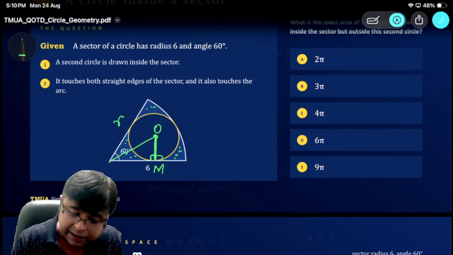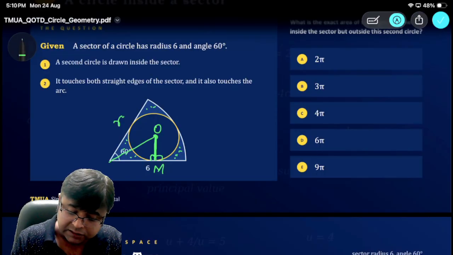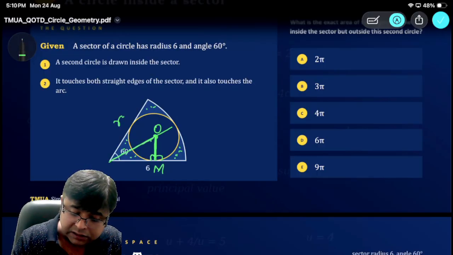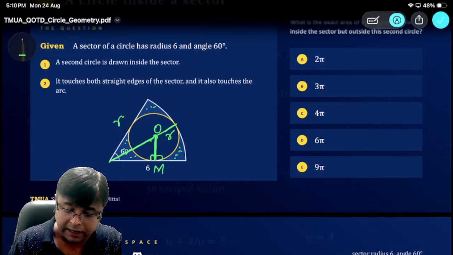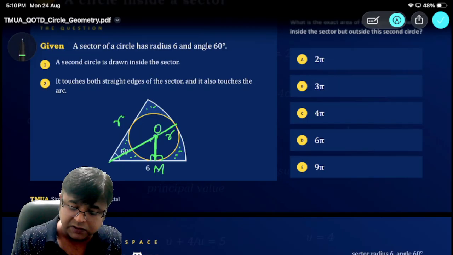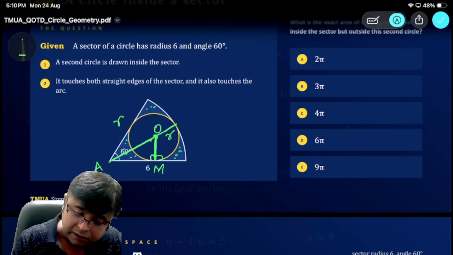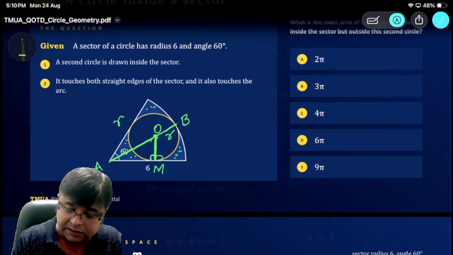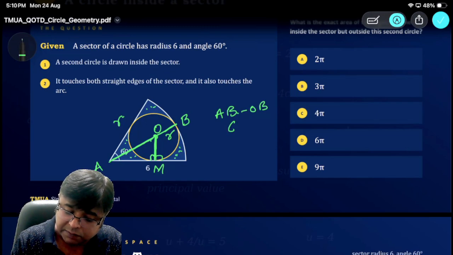Now, if I join this and make a right angle triangle, I know this distance is also R. And from here to here, the distance is 6 because of the radius of the sector. So if I say this is A, AB is the radius of the sector, which is 6. And from AB, if I subtract OB, 6 minus R is what AO is.